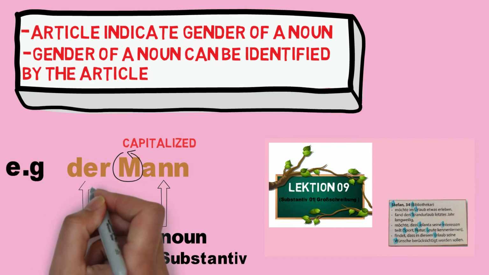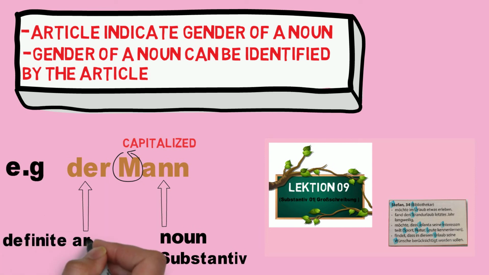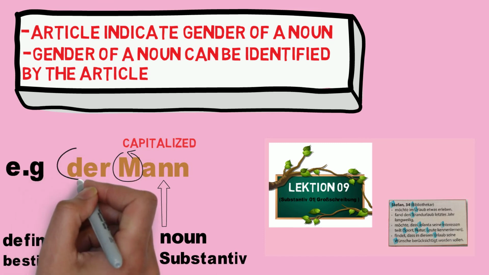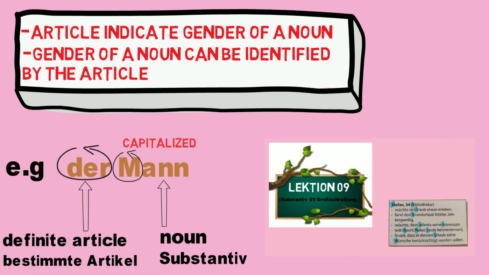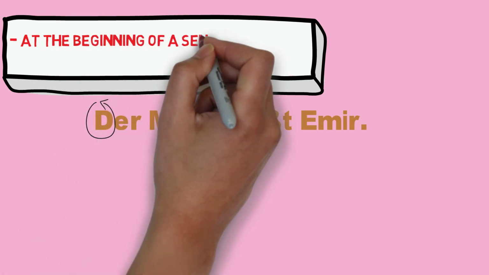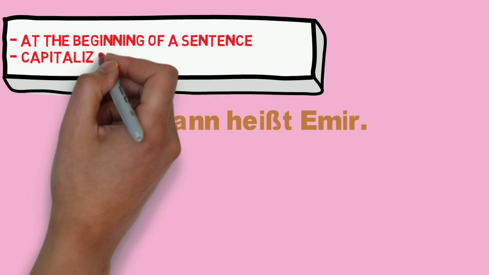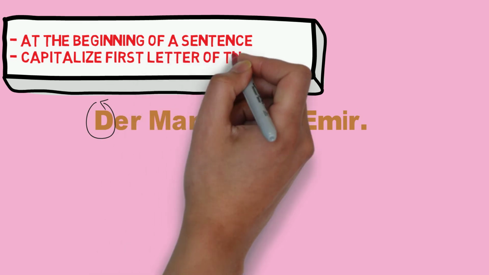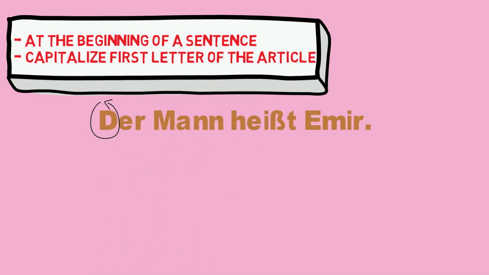And now you know der is the definite article or bestimmte Artikel of männlich gender. And you should write the article in simple letters. But if you are writing the article at the beginning of a sentence, of course you have to capitalize the first letter of the article.